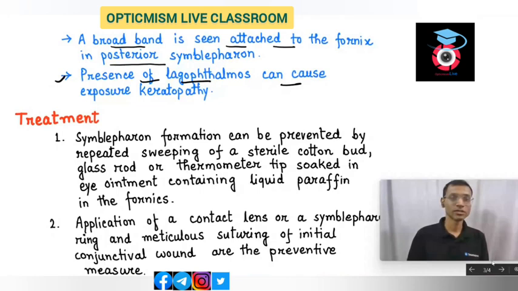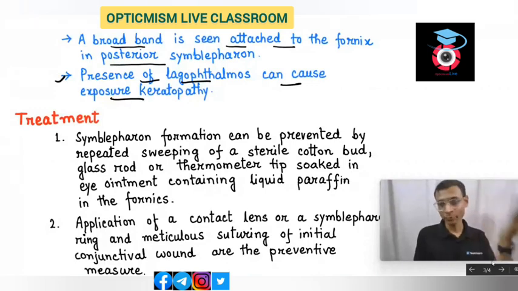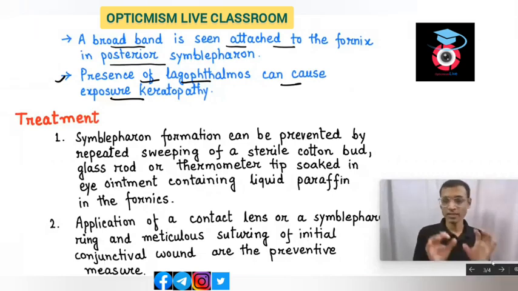How does it occur? If the patient cannot blink their eyelids, the cornea is exposed to the air, the tear film evaporates and its thickness decreases, and many pathogenic microorganisms can easily invade and infect the eyeball through the cornea. That is exposure keratitis or exposure keratopathy.